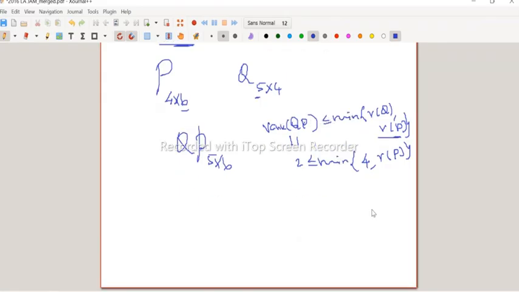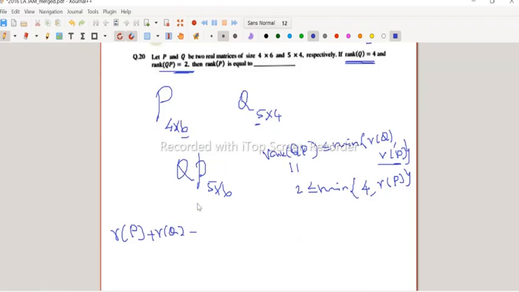Now we know the lower limit, the general formula. So what is that? Rank of P plus rank of Q minus the common number. What is the common number of this product? 4. Because this is 4 and these are 4, right? Therefore, that common number, and that is less than or equal to rank of QP. So this is a general formula, we know this.